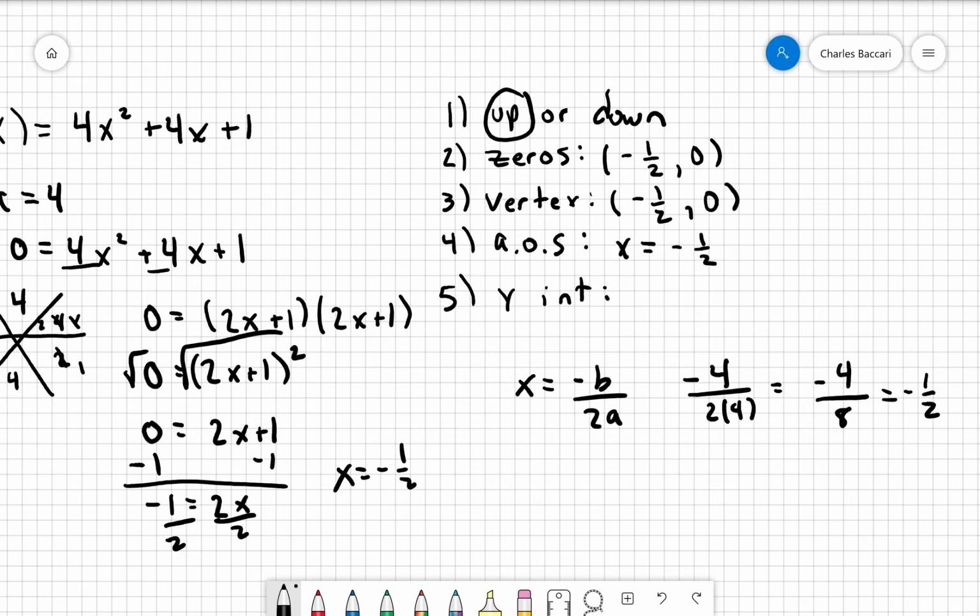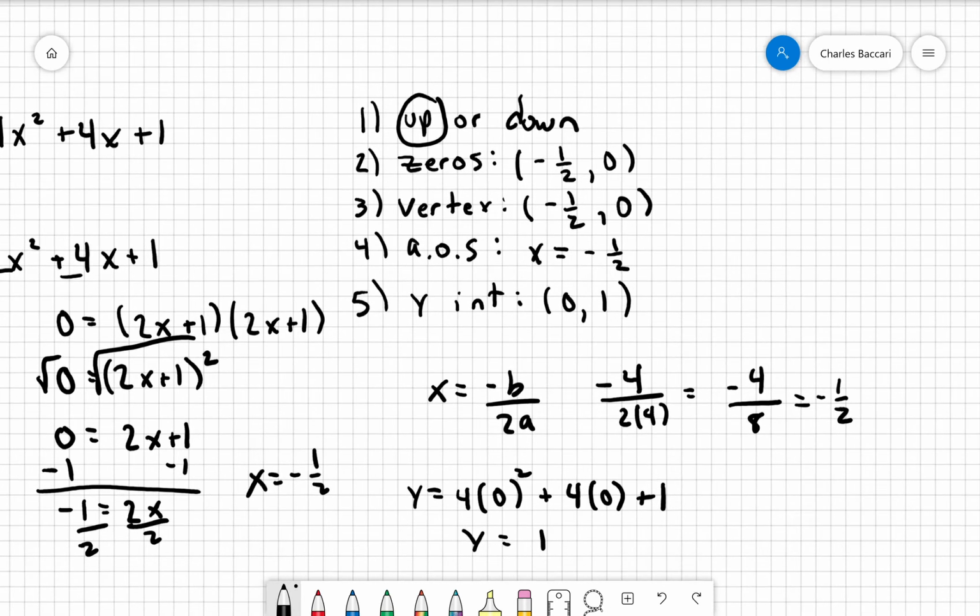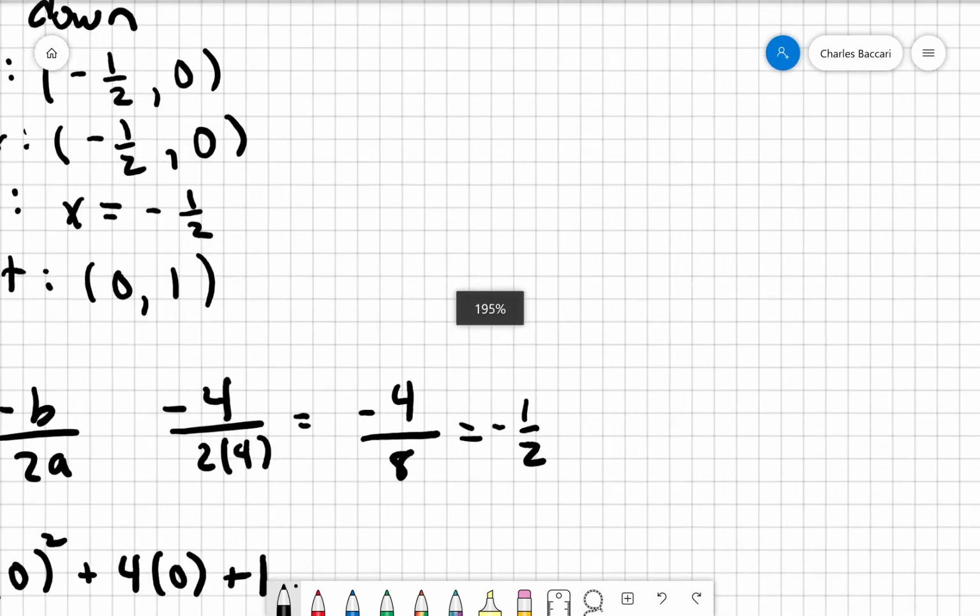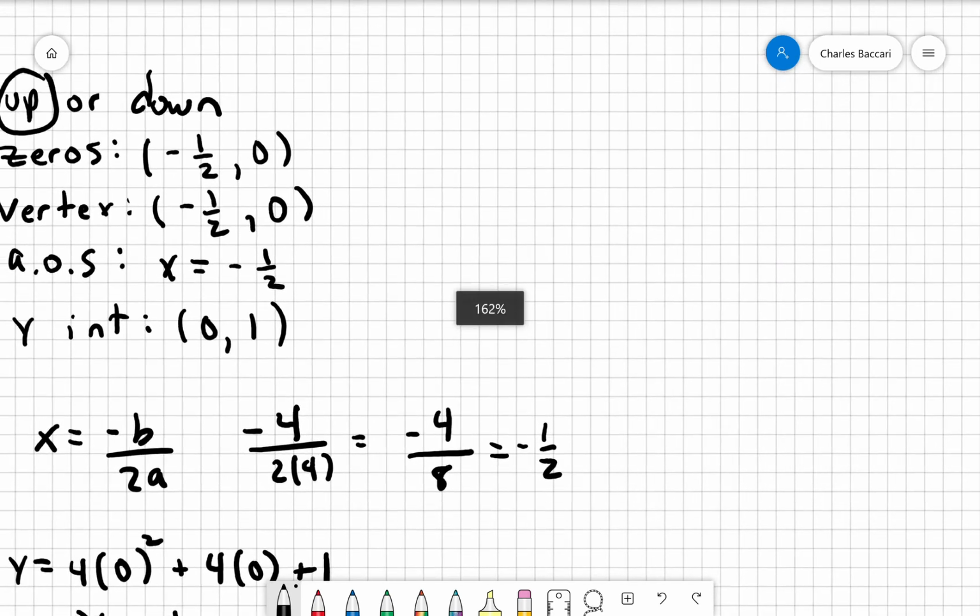And our y-intercept will be 4 times 0 squared plus 4 times 0 plus 1, which means our y-intercept is at 1, so we have 0, 1. And if we go and graph this, we can see the following.